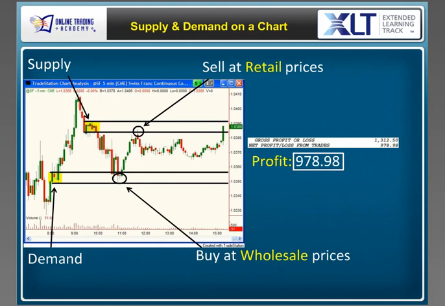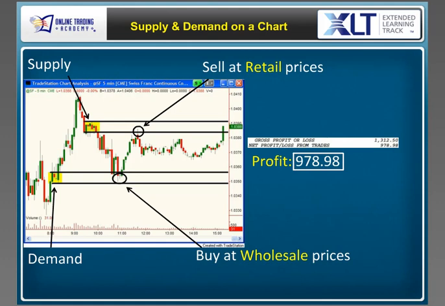So the trading books say when you look for key support and resistance levels, look for areas on the chart where there was lots of trading activity, many candles on the screen. But think of it this way: all your turning points in a market and all your big moves in a market always originate at price levels where supply and demand is most out of balance.